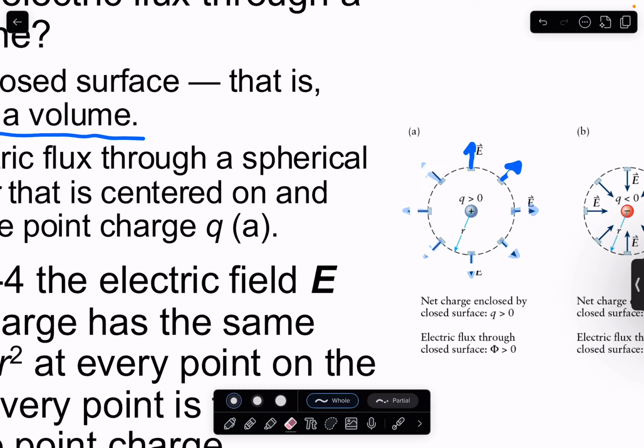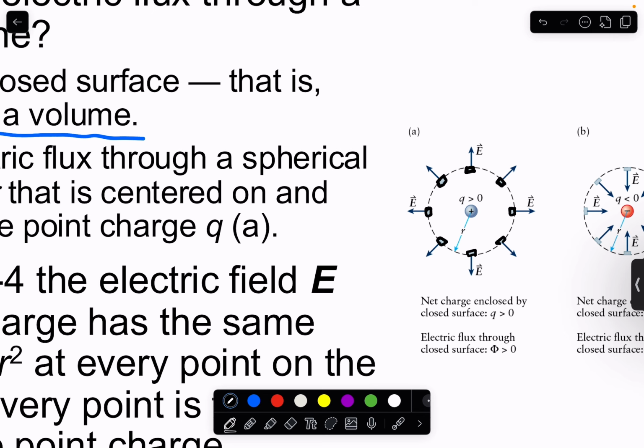You can see in relation to the sphere, those electric field vectors are perfectly perpendicular to each little tiny region. If we were to break up this sphere into little tiny square regions, the E field vector is perfectly perpendicular to those little surface regions.